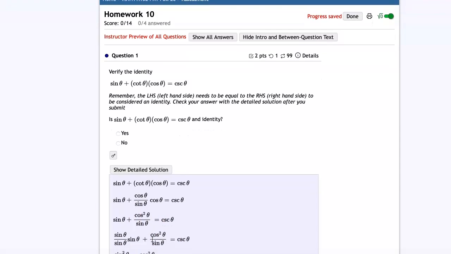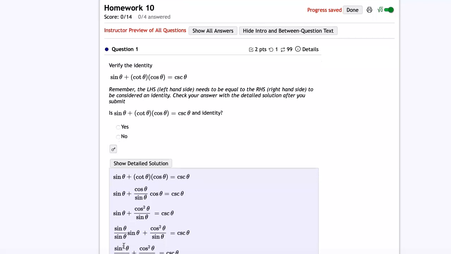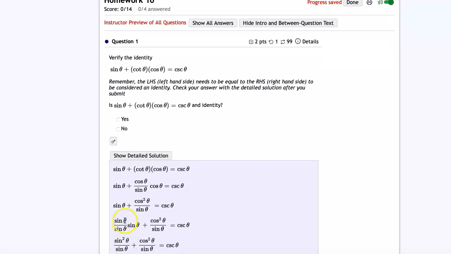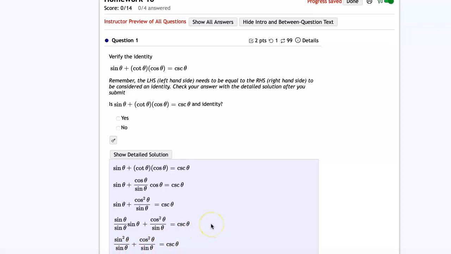Then they seek to get a common denominator by multiplying sine theta by sine theta over sine theta, and that way it will end up with a sine theta denominator. Of course, that means that if you have a sine theta times sine theta, you end up with sine squared theta, but now we'll have a common denominator.